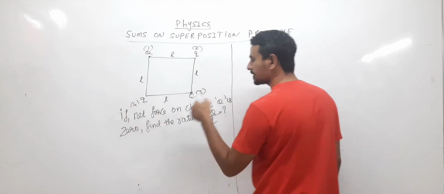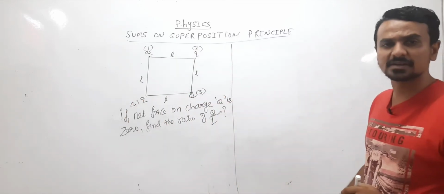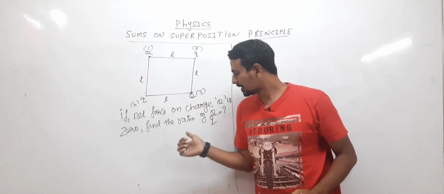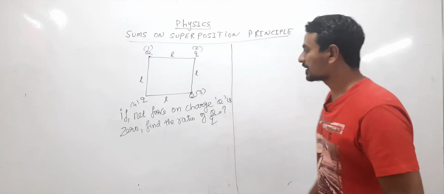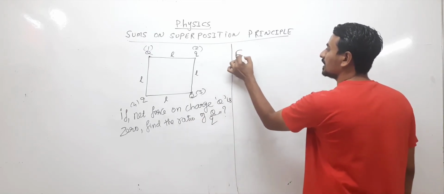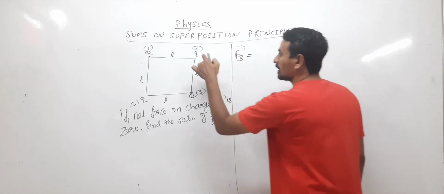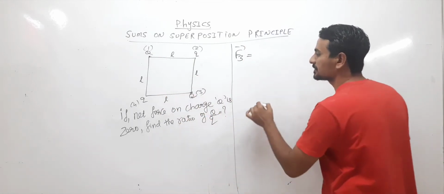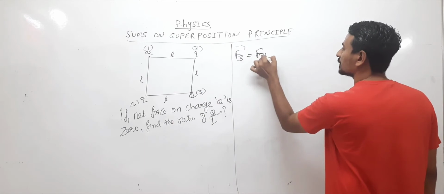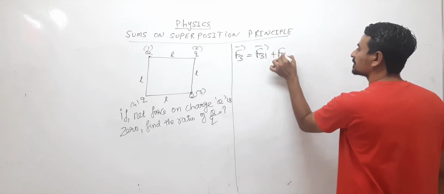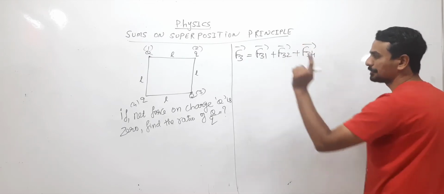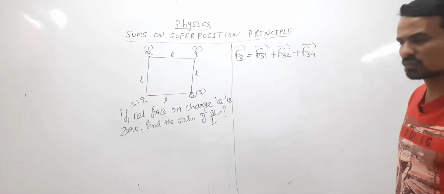So as per the question, the resultant force on the charge placed at 3 is 0, and you have to find the ratio of q by Q. Okay, so force on 3 will be because of 1, because of 2 and because of 4. That means force on 3 because of 1, plus force on 3 because of 2, plus force on 3 because of 4, is equal to 0. Okay, fine.